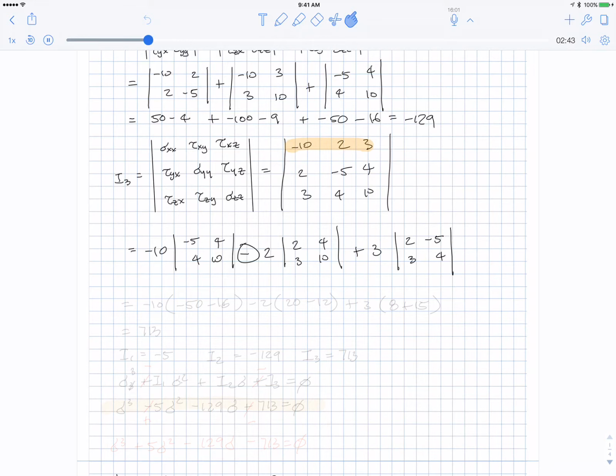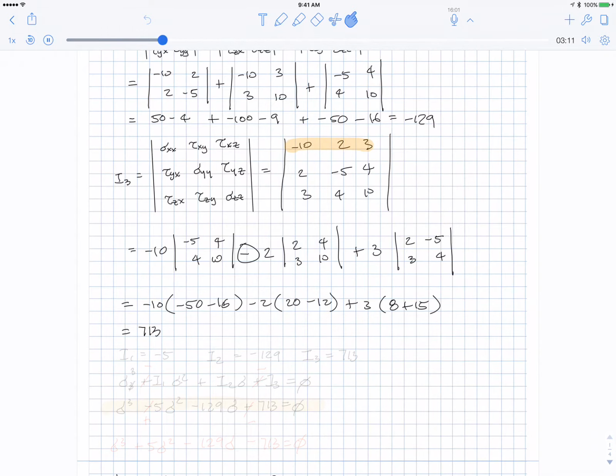Remember, for a 2 by 2, the determinant is downward diagonal minus the upper diagonal. And here we go. When you add that all up, you get 713.